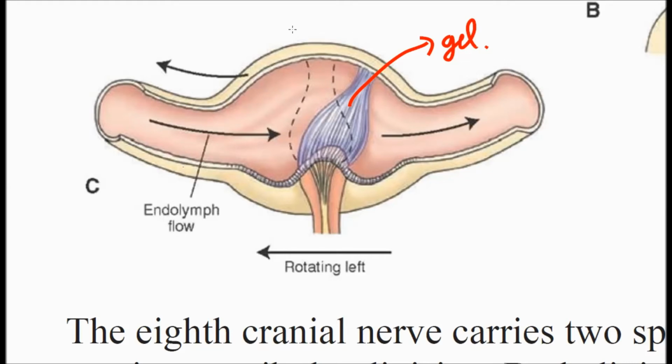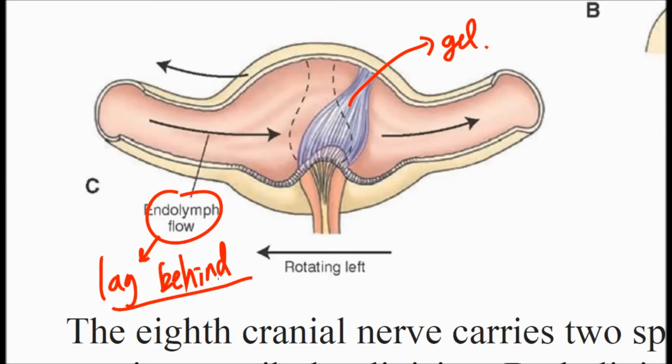When we rotate our head, the endolymph will lag behind. Because it was initially motionless, and it wants to stay motionless according to the first Newtonian law.